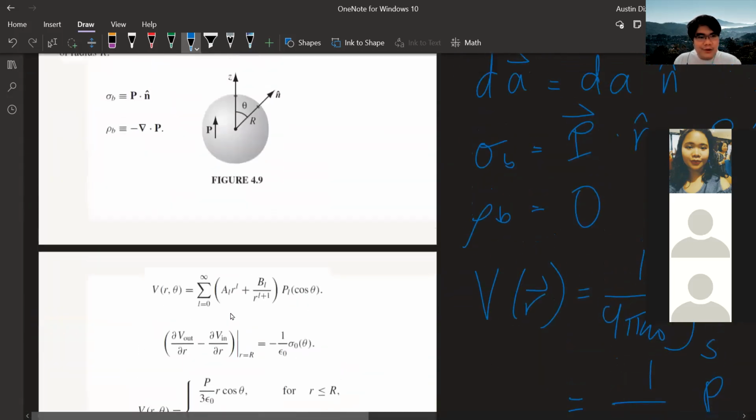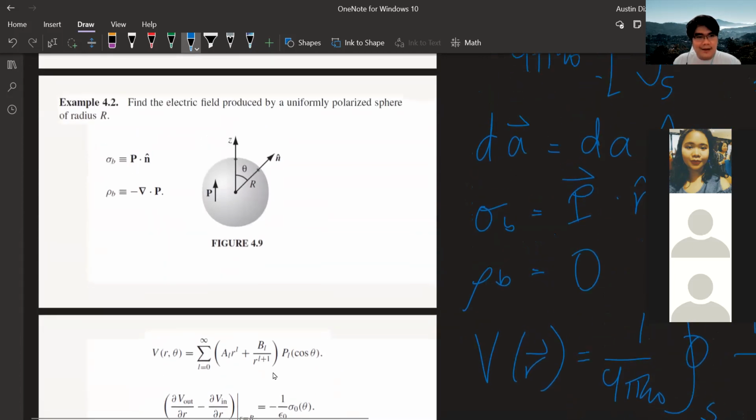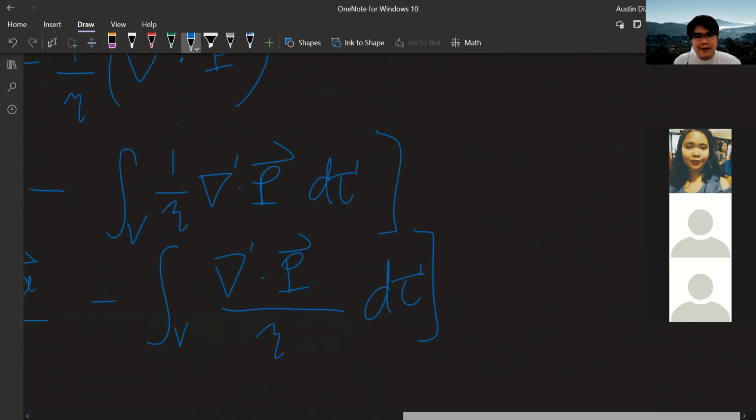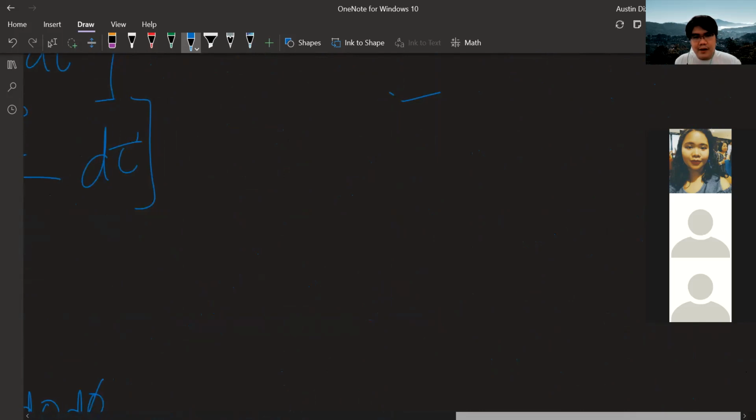Okay, I suppose my solution can be written as sum of a function of r and a function of theta. Okay? Sige, sulat natin. Okay. Sulat tayo.